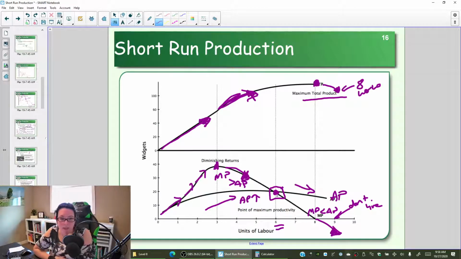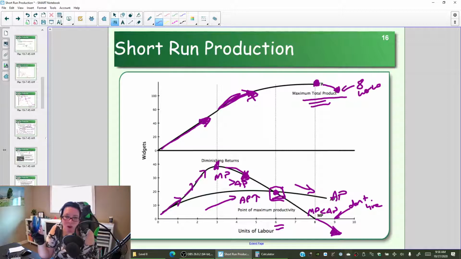So we can see from these productivity graphs, when do we produce the greatest quantity? When do we get the most from our workers? When do we start seeing diminishing returns? If this is the short term, we're stuck with that fixed cost, so we have to recognize that we have the diminishing returns. If we're in the long run, if the contracts expire, we can get more.